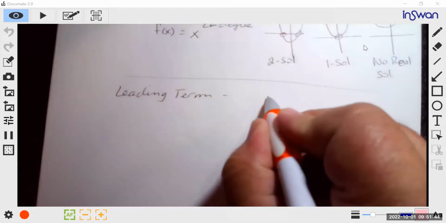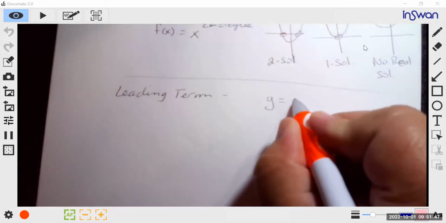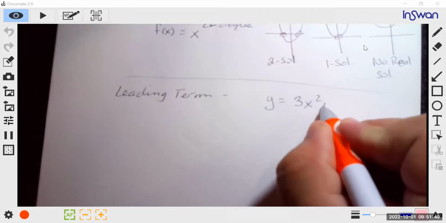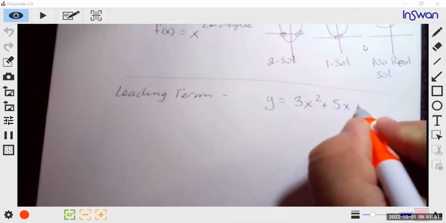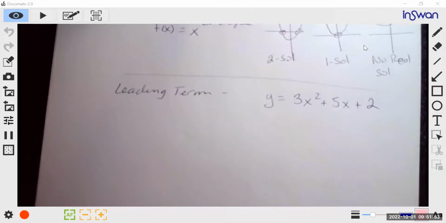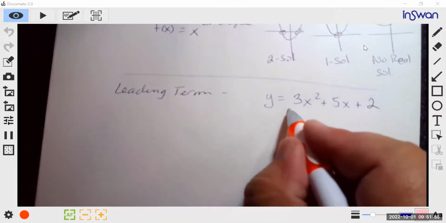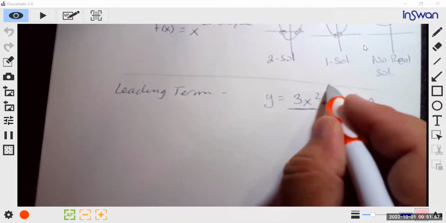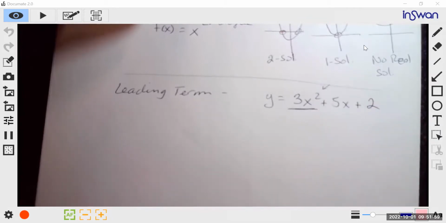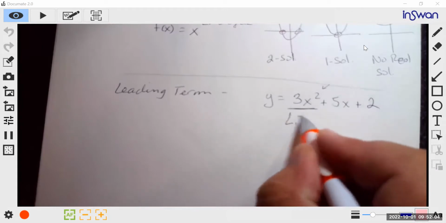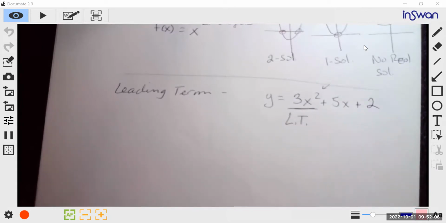For example, if I had this quadratic equation, my leading term is the term that has the degree in it, the highest exponent. That's the leading term. So what does the leading term tell us?